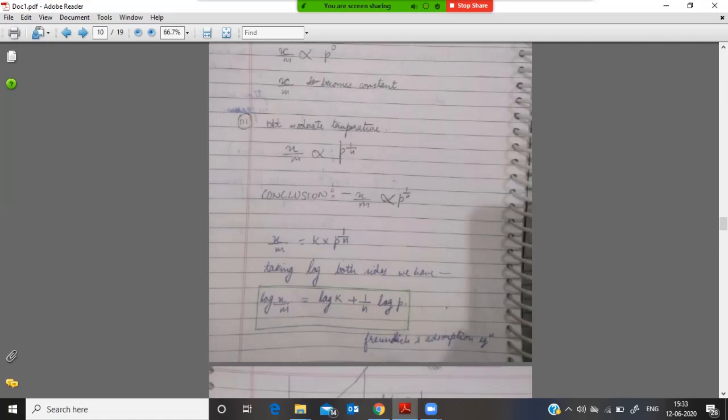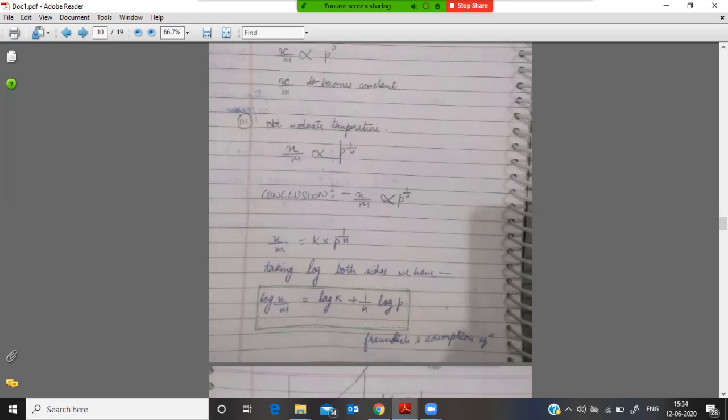So x by m is equal to some constant k into p to the power 1 by n. This is the equation derived with the help of the Freundlich adsorption isotherm. If we take the logarithm on both sides of this equation, then we get log x by m is equal to log k plus 1 by n log p.